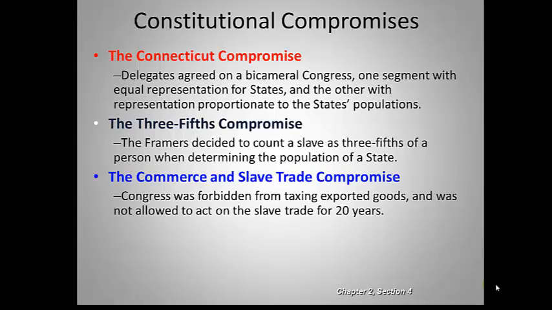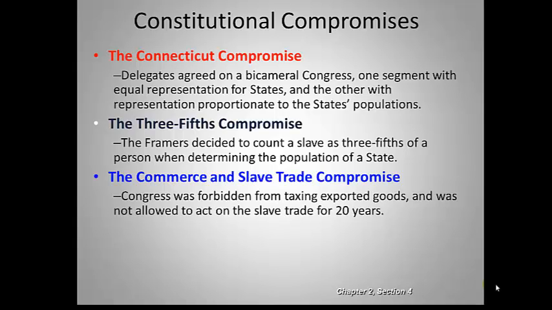So the Three-Fifths Compromise had to do with representation. It did not have to do with citizenship. It had to do with representation and taxes. The Commerce and Slave Trade Acts: you could not tax exported goods, which improves trade. So you can't make money because one state exports more than another.